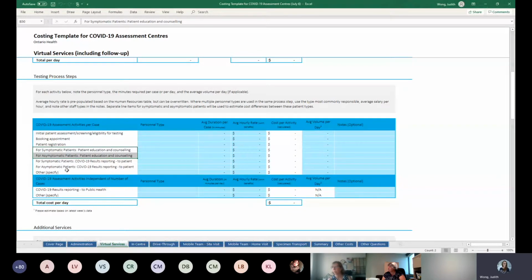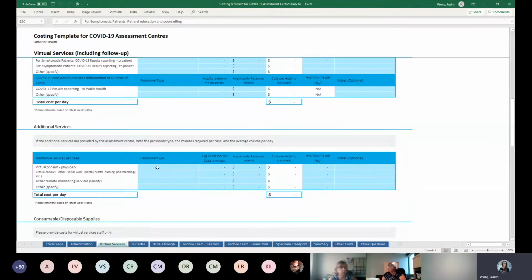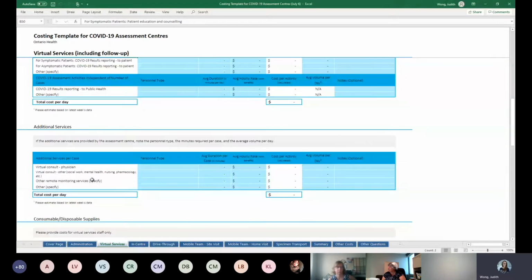And in both of these cases, there is space for you to specify other activities that you may be doing that are not listed here, but that are related to COVID-19 testing specifically. For other activities that are not specific to COVID-19 testing, we have added another table below because we heard in our interviews that there may be additional services offered through some of these models.